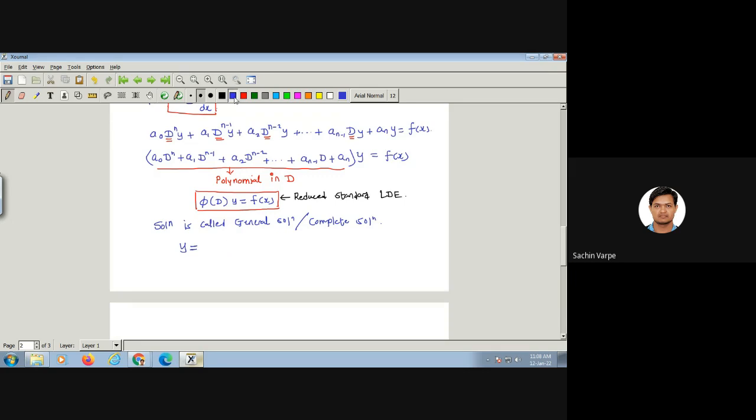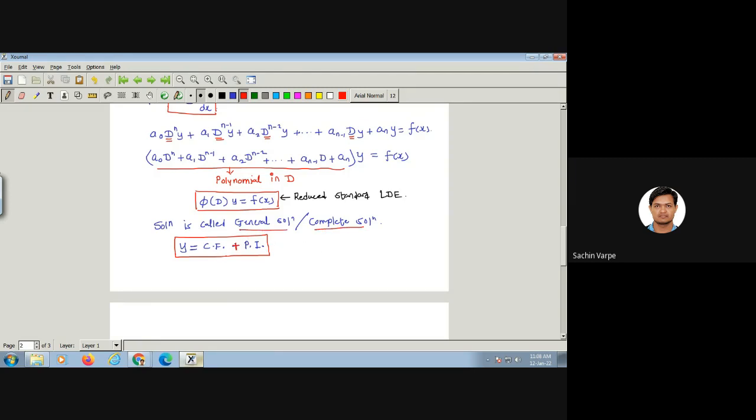So that solution will be of this form: y = CF + PI. This is the solution of the linear differential equation. Now, what this CF and PI are, we are going to discuss. But this is called a general solution or the complete solution.